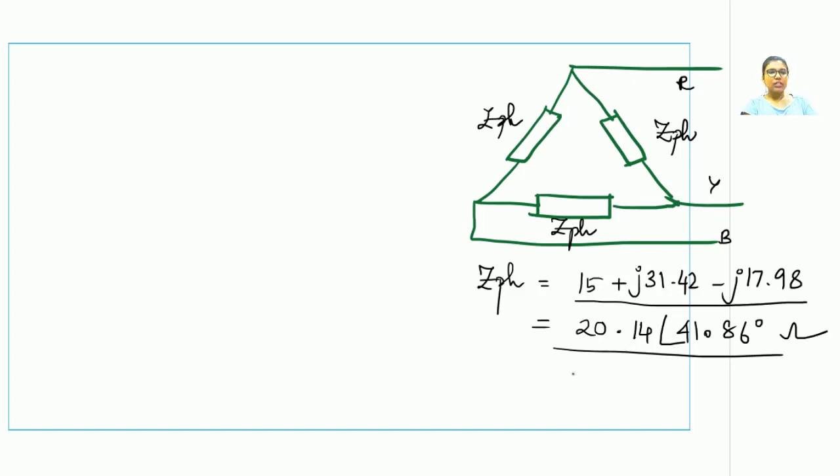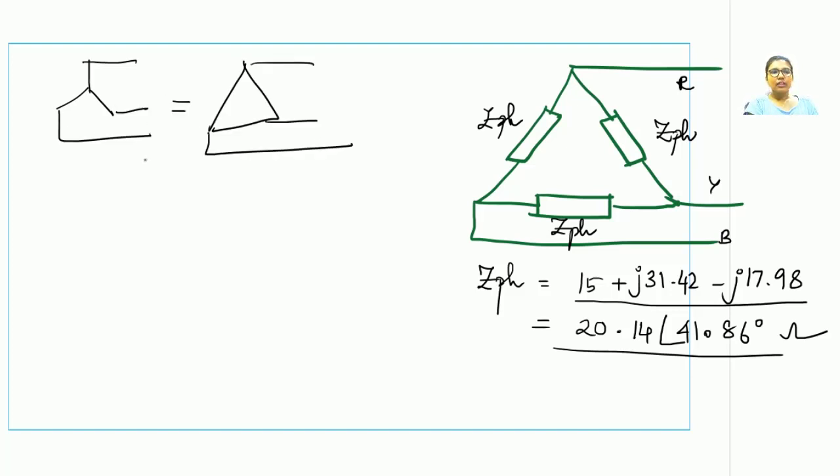Now there is one important aspect that one has to remember. When the structure of a load is changed from a star to a delta type, one must be wondering that all the parameters would remain same. But one is wrong. When you are changing the structure from star to delta, there are only two values which would remain same.